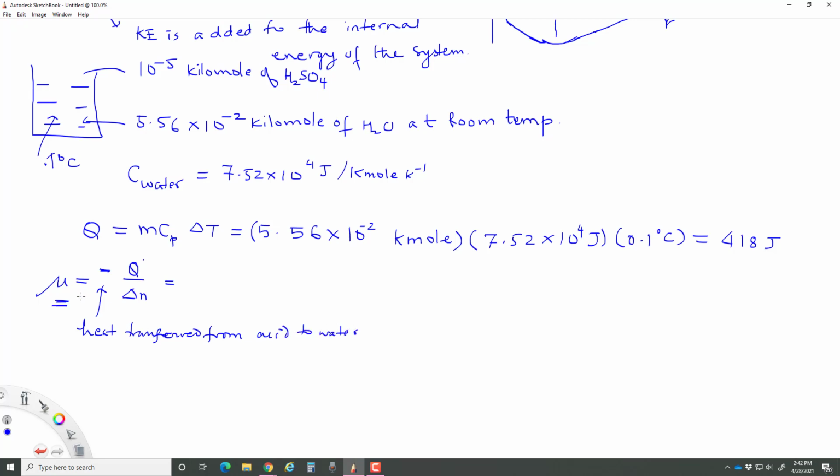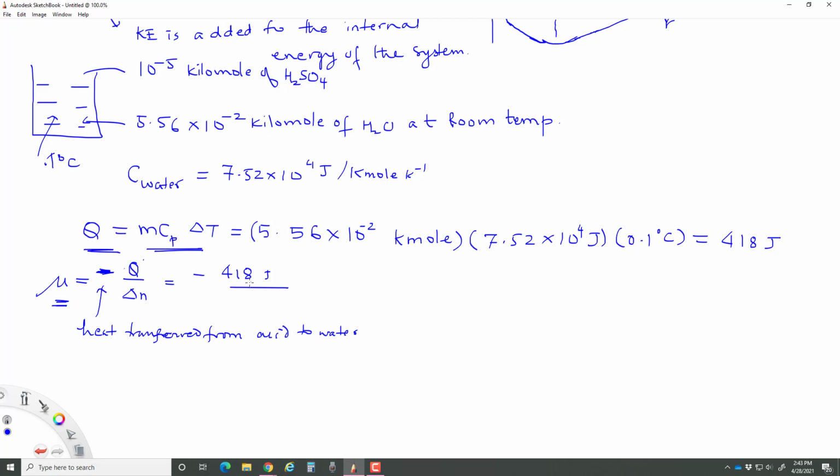So here we are finding the chemical potential of the acid when we add acid in water. That's why we have a negative sign here, because this is the heat lost by acid to water. So negative 418, which is also the heat gained by water. So here we found heat gained by water, but that's also the heat lost by sulfuric acid. So just reverse the sign and then Q would be exactly the same as that.